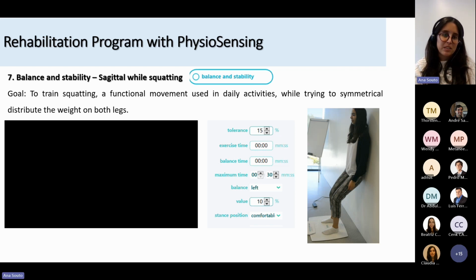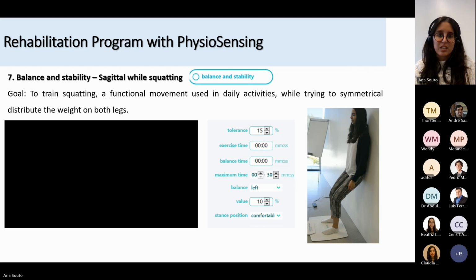That means that the person is placing equal weight on both legs, so it's in a balanced position. This is just for you to see what happens when the person leaves the balanced position.